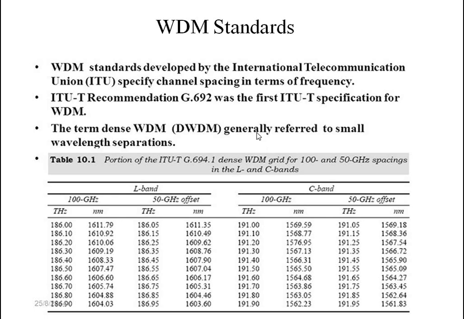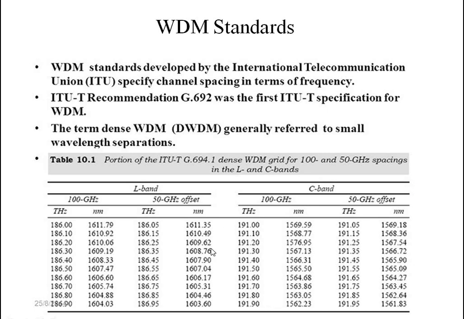Here table 10.1 lists part of the ITU-T G.694.1 dense WDM frequency grid for 100 and 50 GHz spacing in the L and C bands.